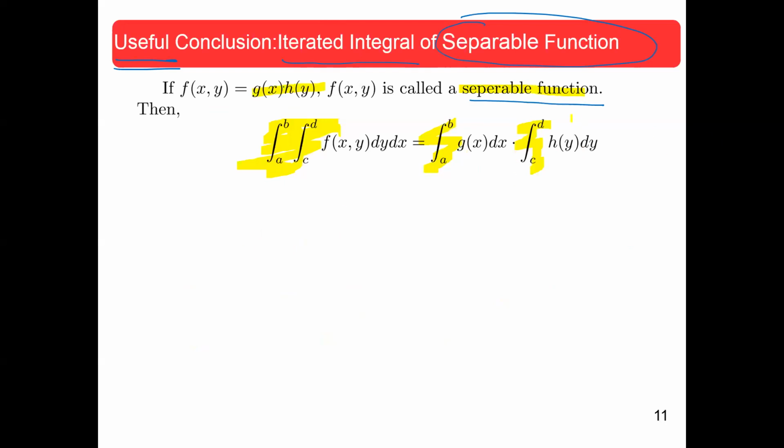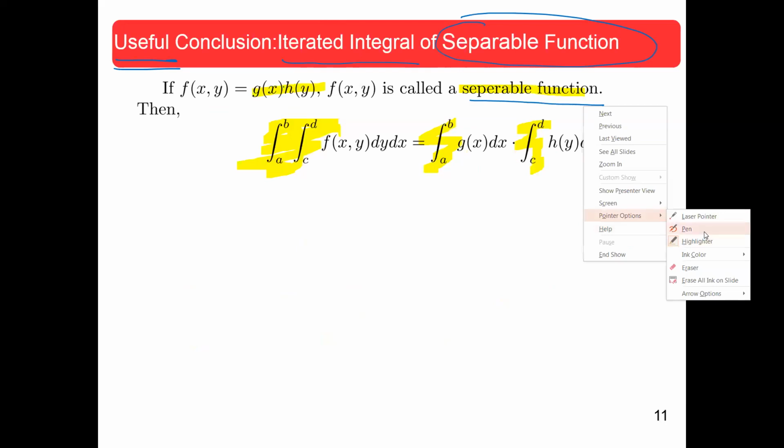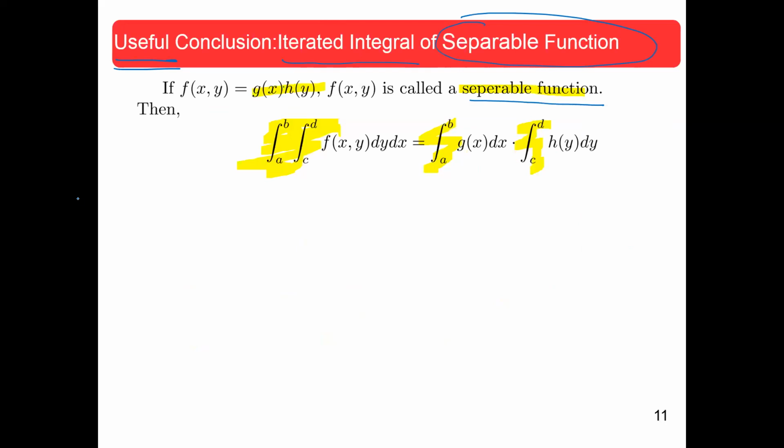And you may ask, why can we do this? Let's do a quick proof of this conclusion. Let's take the left-hand side of the identity I'm proving: the integral from a to b, c to d of f of x, y, dy, dx.